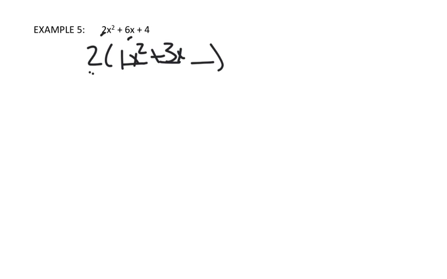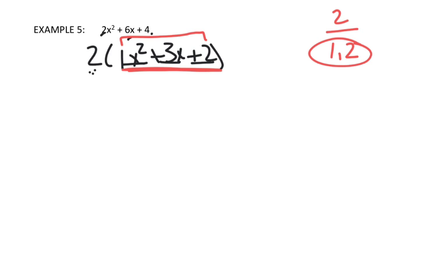Bring down your variable x. 4 divided by 2 would be positive 2. Now we're going to do brute force to the part that's inside the parentheses. So we're going to say 1 times 2, which is 2. The only factors of 2 are 1 and 2, and 1 plus 2 will give us our middle term here, which is 3.